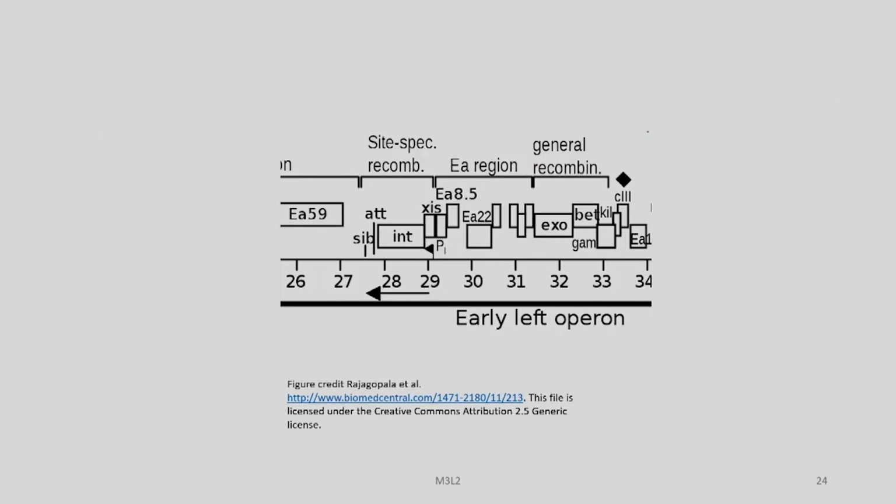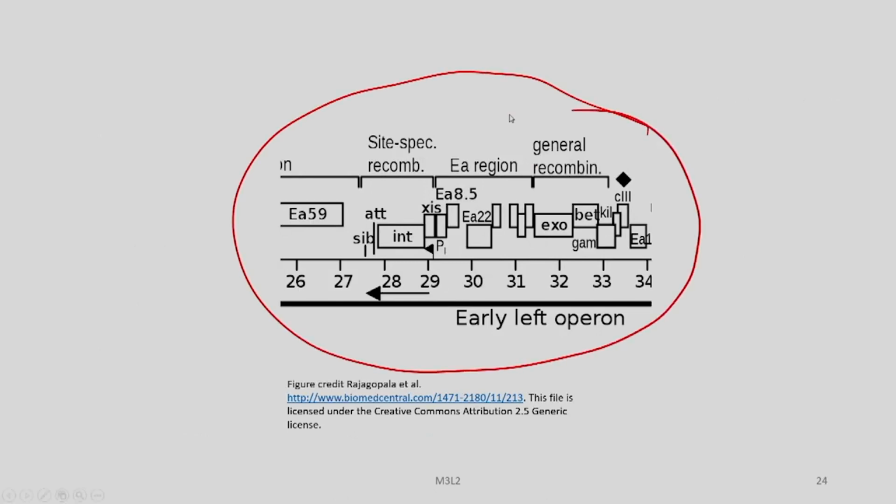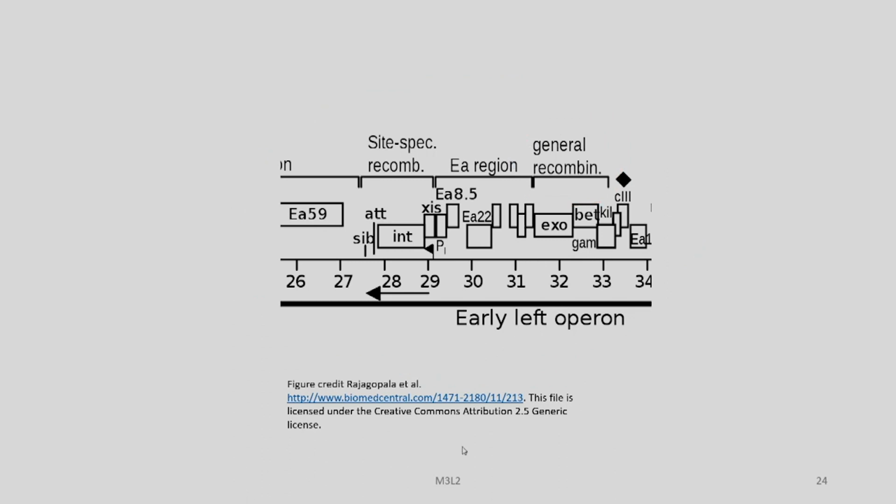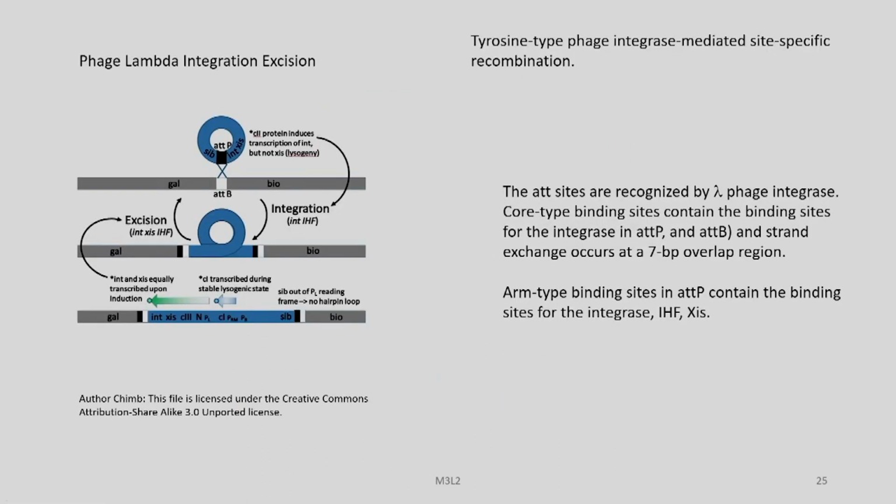This is a magnified view of this diagram showing the various components, as we have already discussed, as well as the elements or sequences which are involved in general recombination. How does the phage lambda get integrated, or how does the excision of the phage lambda take place? In the first case we can see the integration is happening, and in the second case the excision is occurring.